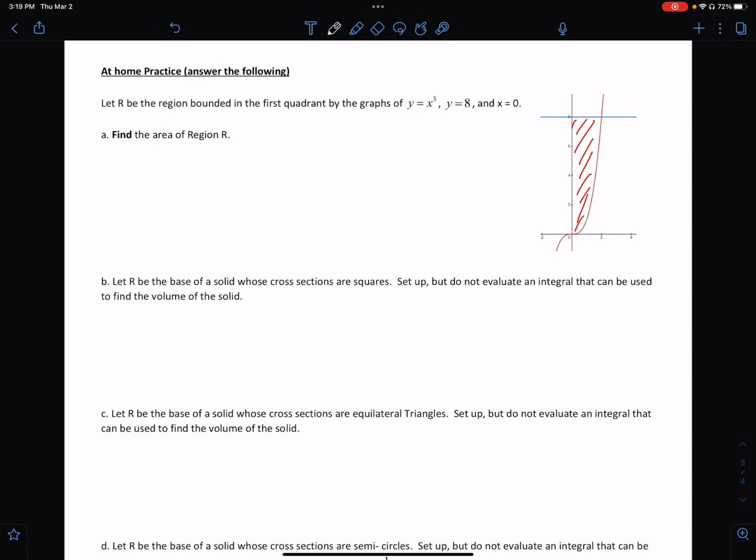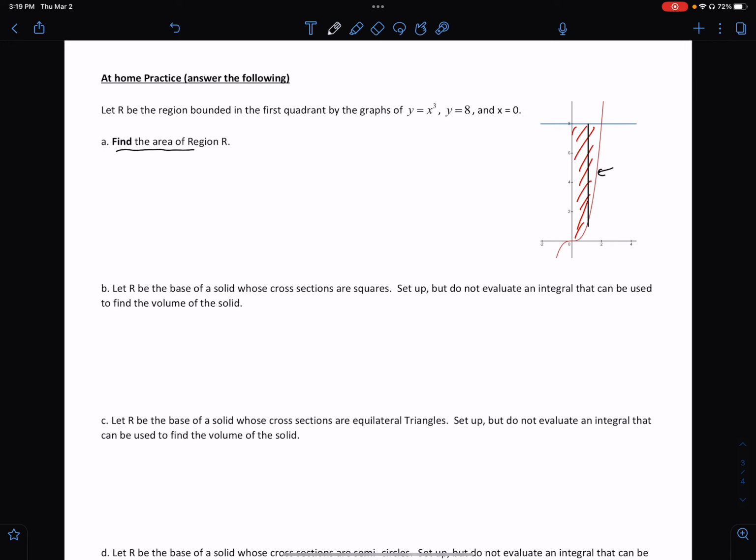So question number one, it says first, find the area of R. Now to get the area, it's really easy. This is just our rectangle of mathematics. I just want to find the part between them. So there's my rectangle of math right there.